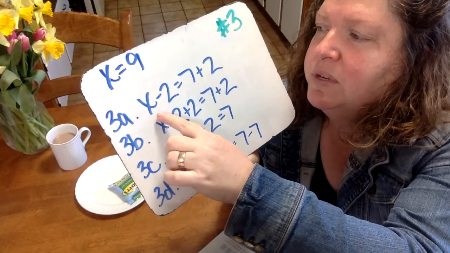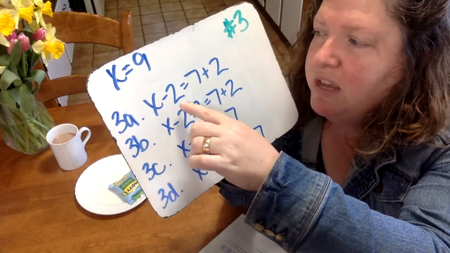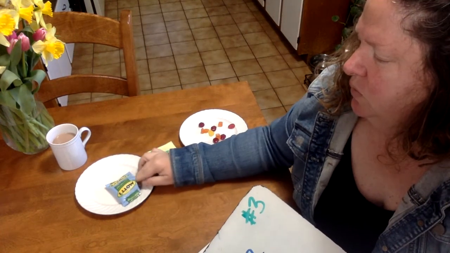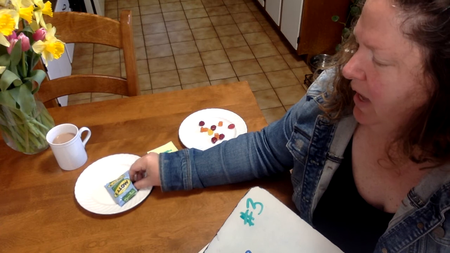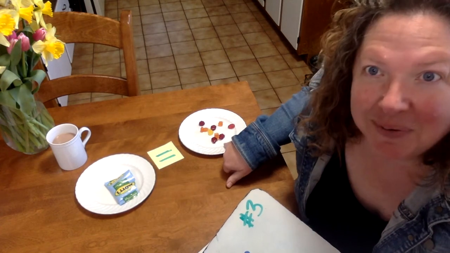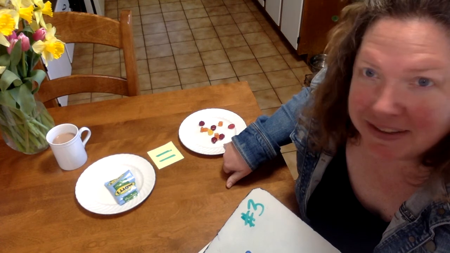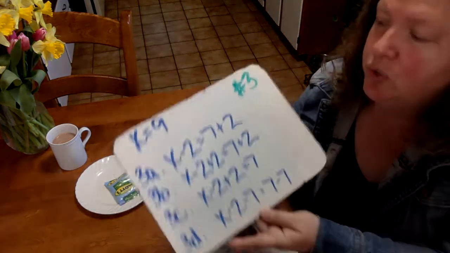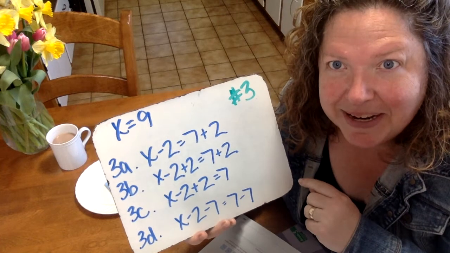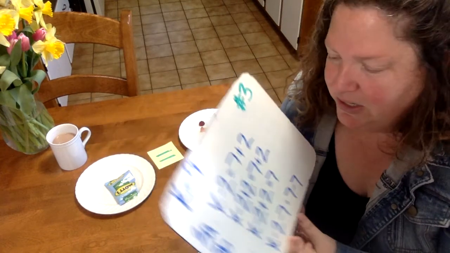But don't forget, we're saying, does X, when you take away 2, equal 9? So this X, when we take 2 away, does that now balance with 9? It doesn't, because we took 2 away from it. So over here is now 7, and over here is 9. That doesn't balance. So that's a no.